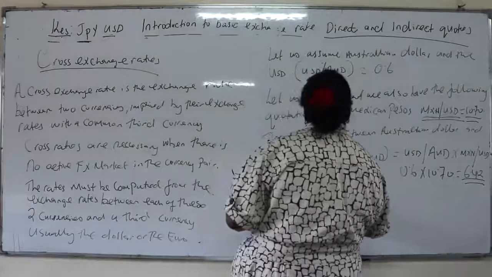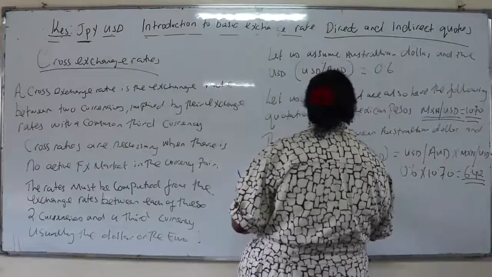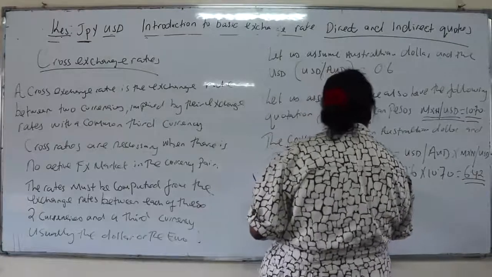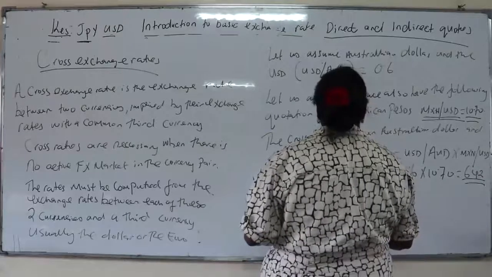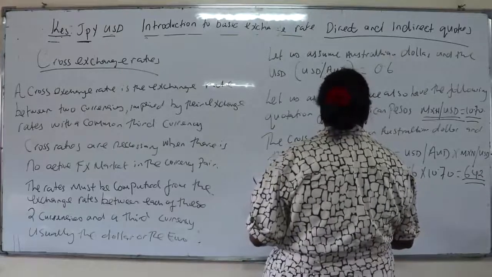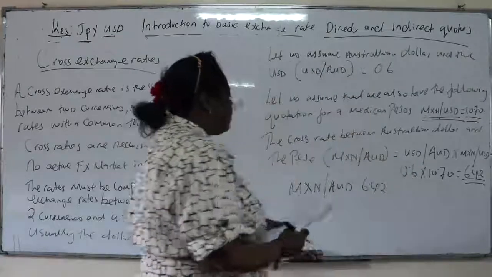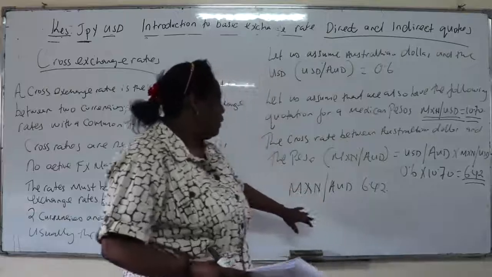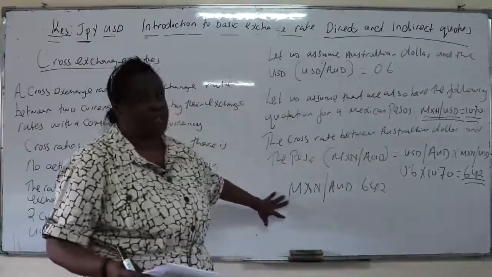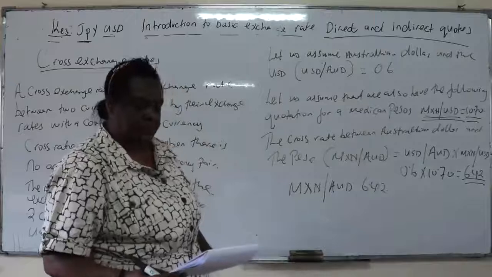Sorry, our Mexican peso per the Australian dollar is 6.42. So we can say that for 6.42 Australian dollar will cost 1 Mexican peso.